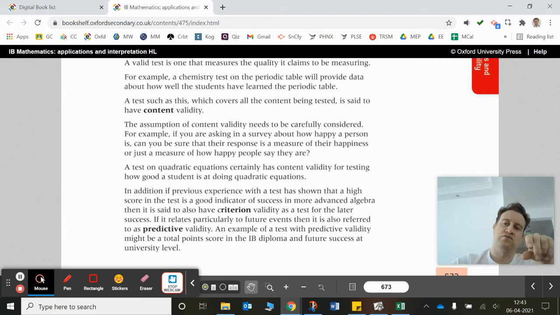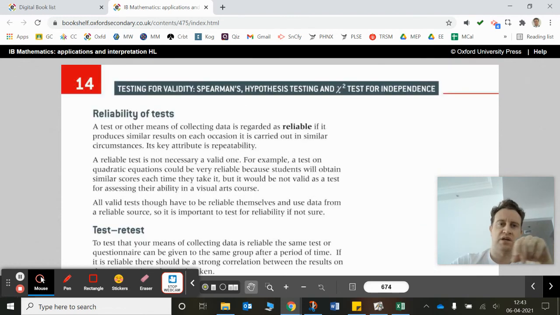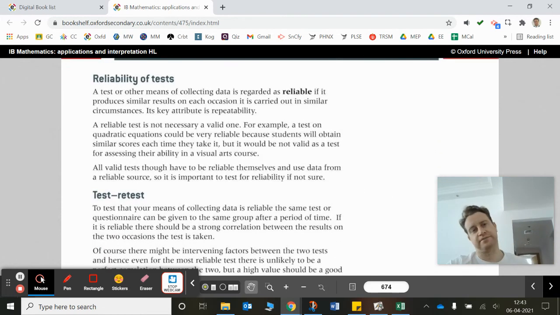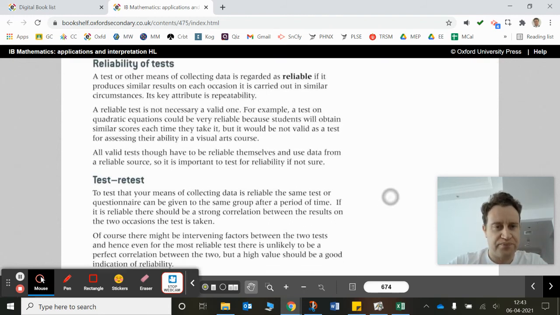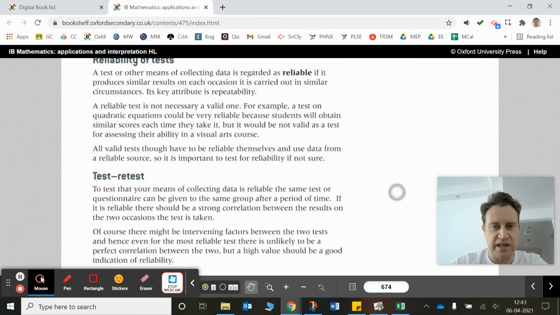Okay, right. Reliability of tests. Now, if something is reliable, let's just flick down a little bit here. If a test is reliable, then you should be able to redo the test and get the same result.